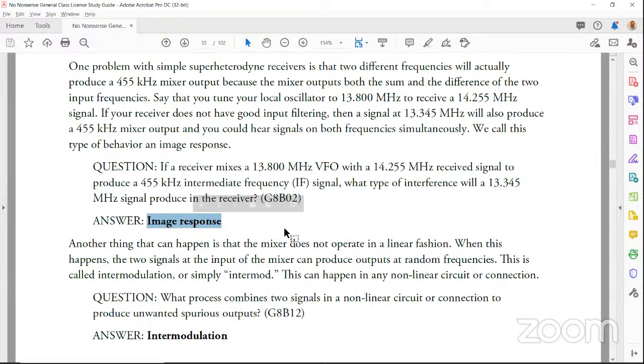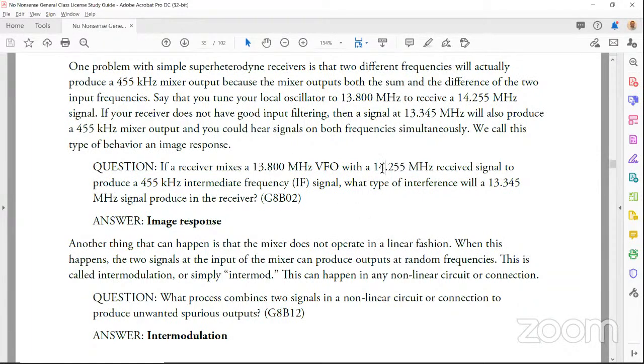It's problematic when we have this type of receiver, the heterodyne receiver. We get image response. That is the problem that is created when we have two different frequencies that mix, by subtraction and addition, or sum and difference, to produce 455.